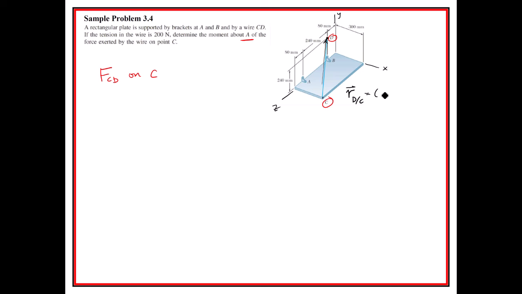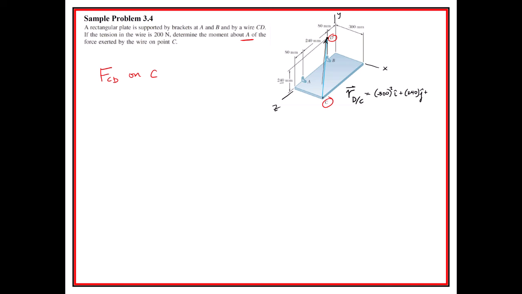I'm going to keep them as millimeters here because it's going to work out anyway. So that's negative 300 i. Then we have to go upwards 240, so that's 240. Remember, this is D with respect to C, so we're starting at C and going to D, so we're going upwards, definitely positive.